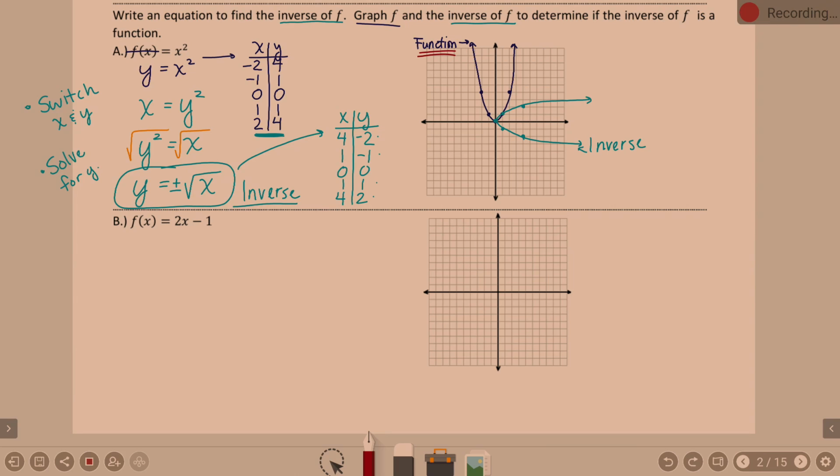What about this sideways parabola? Is it a function? No, because 4 pairs with 2, 4 pairs with negative 2. There's a perfect example. So the inverse is not a function.